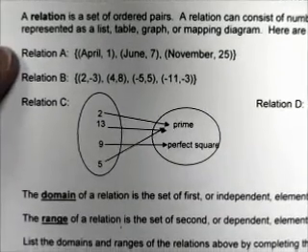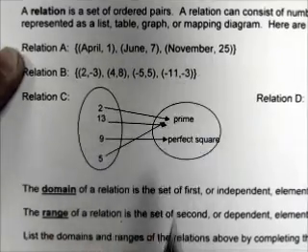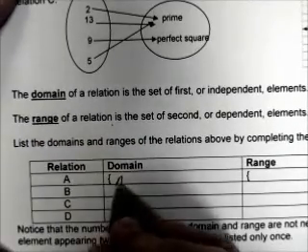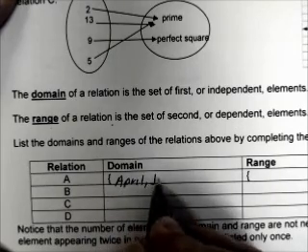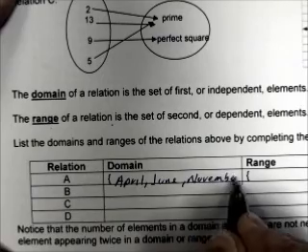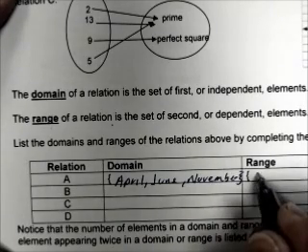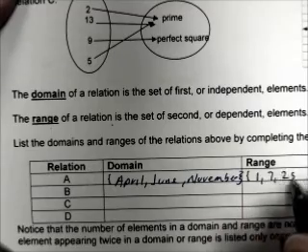So for relation A, our domain is a set of first elements: April, June, November. And our range is a set of second elements: 1, 7, 25.